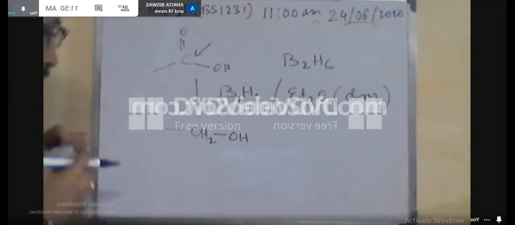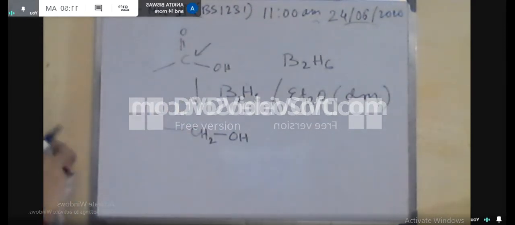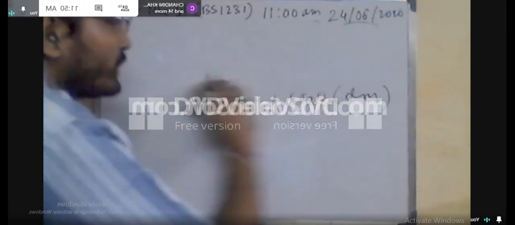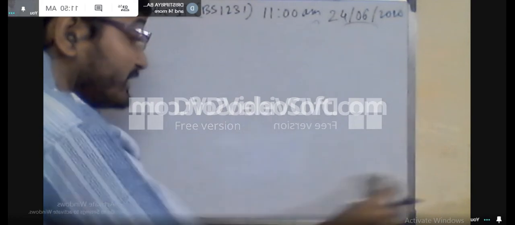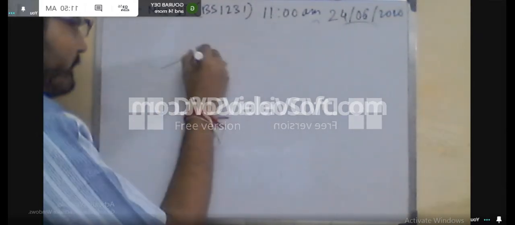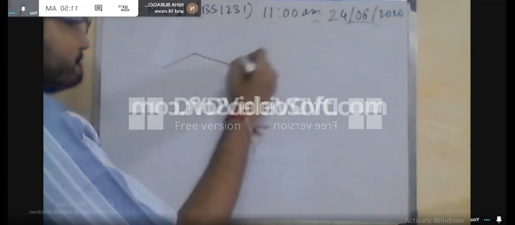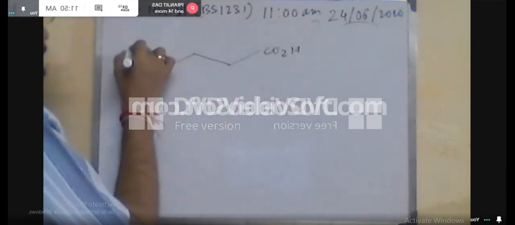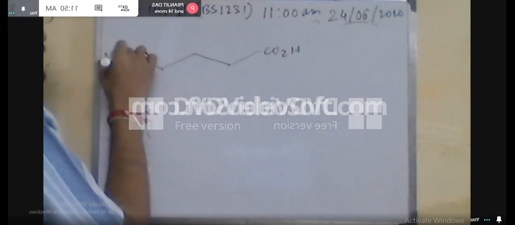either into this structure, or into this structure. Both structures are enantiomers, because you can see this is the chiral center. If I assign the configuration, this is 1, this is 2, 3, 4.